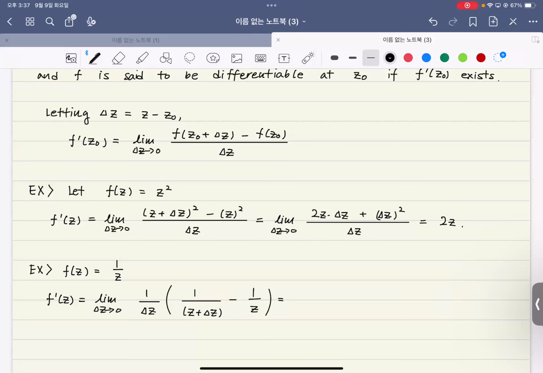Actually, the result is the same as before, which is negative 1 over z squared.